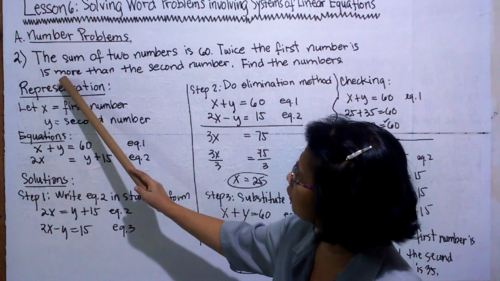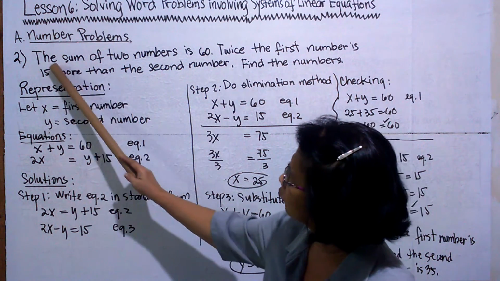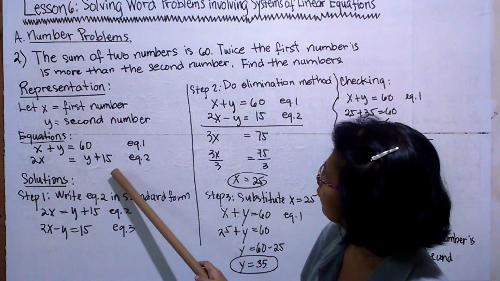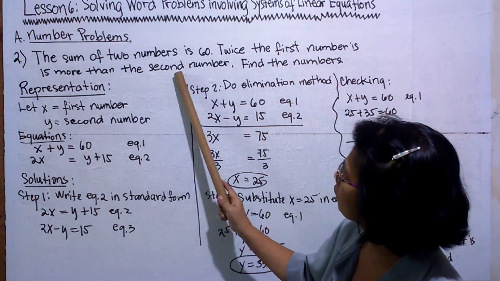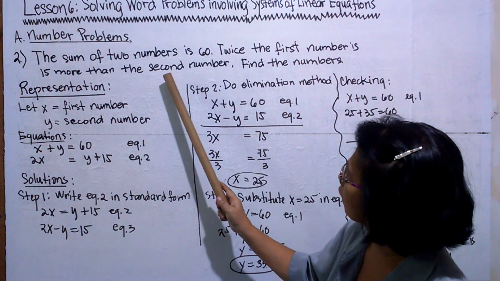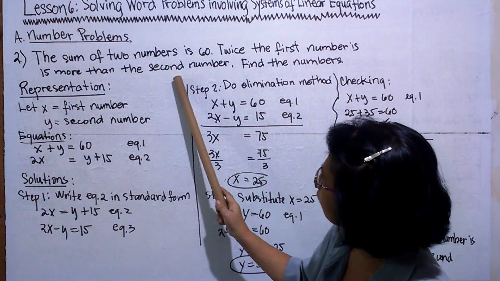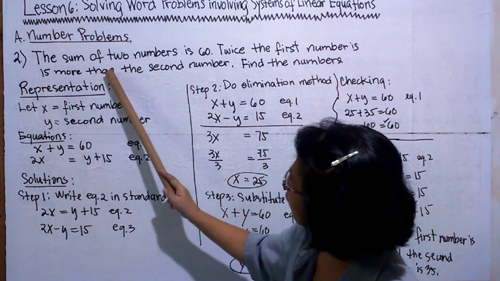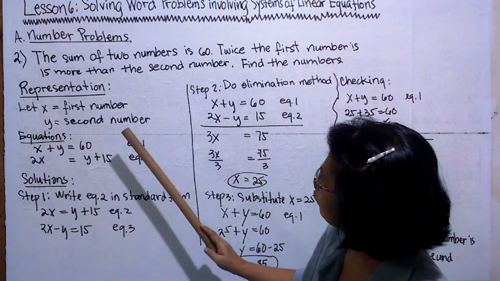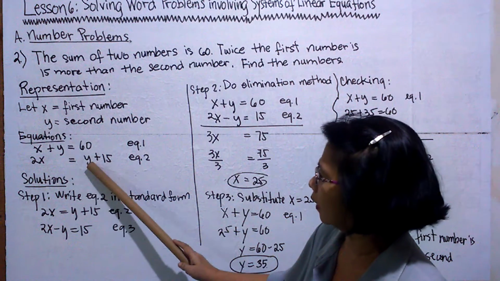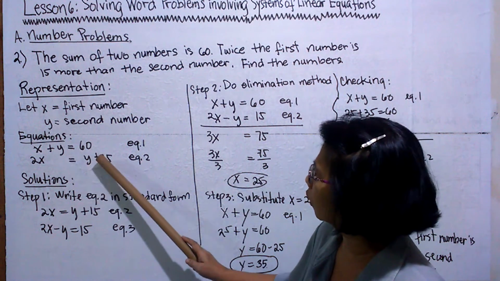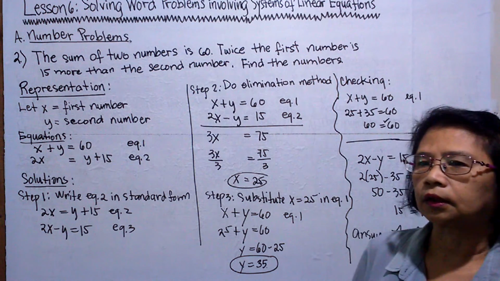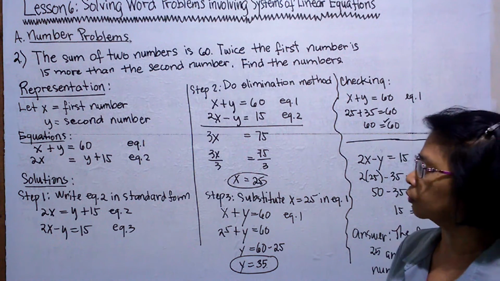I told you if there is the phrase more than, the first term should be written as the last, and the variable for the second number should be written as the first. So 15 more than the second number means 15 plus y. This is our second equation, or equation 2.